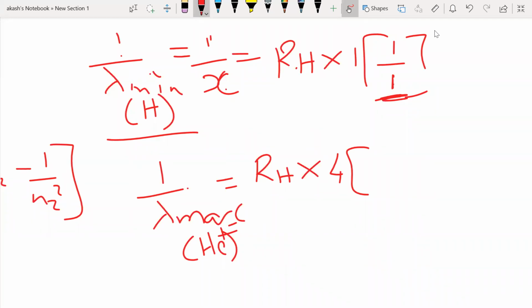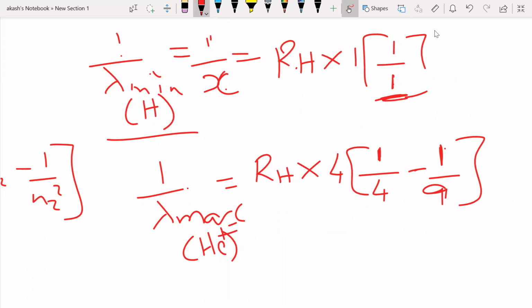Now remember for helium it is Balmer series, so n1 is equal to 2, so it will become 1 by 4, right? Minus, now I told you for maximum wavelength, you have to make sure that the n2 value is n1 plus 1. So n2 should be the third shell. n1 is second shell, so n2 is the third shell. So basically it is going to become 1 by 3 squared, which will become 1 by 9.